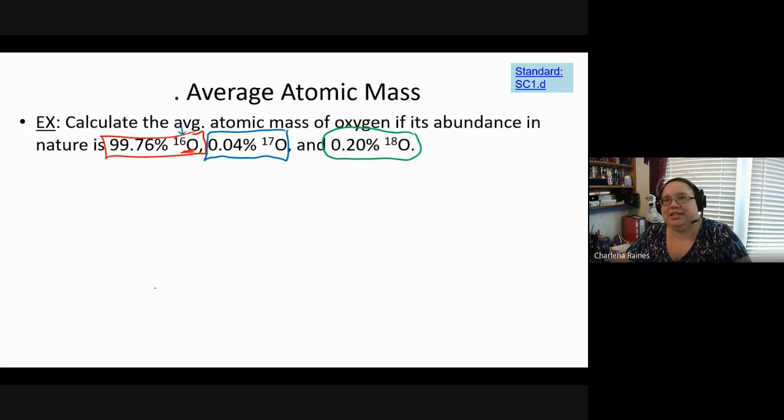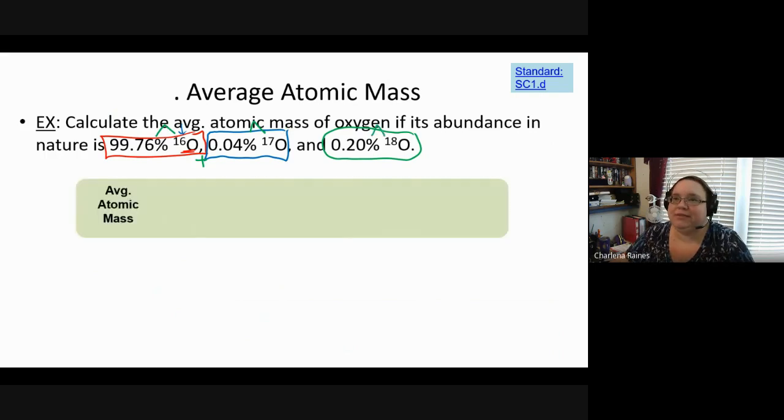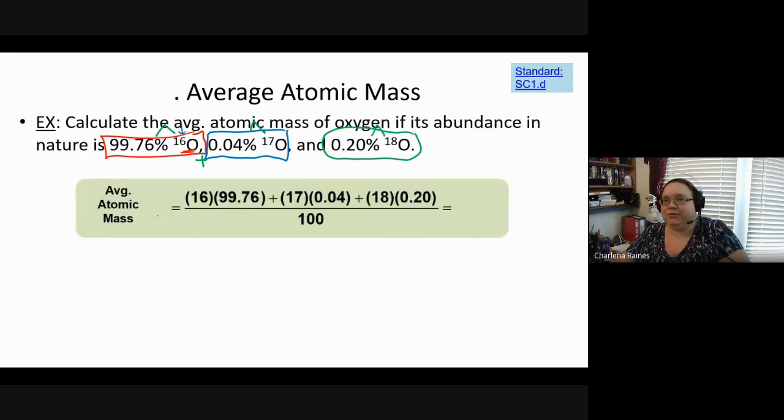You don't change any of the numbers. You multiply the percent times the mass, and then you add it to the next isotope. So when I go to type this into my calculator, I'm going to have my percent times my mass. And no, it doesn't matter which way you did it. I don't know why I flipped it on this one, but I did. But then I make certain to add the next isotope.